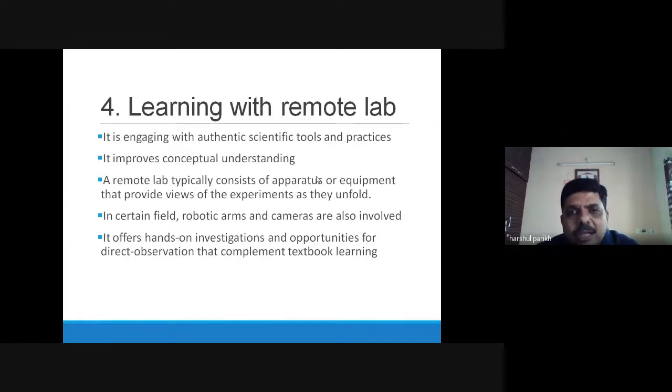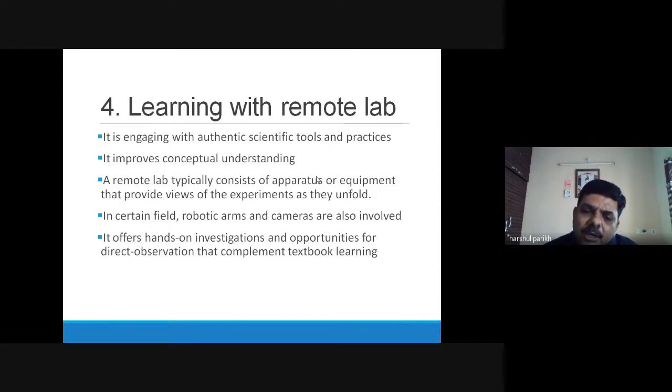We can also call it a simulation kind of experiment, learning with a remote lab. In certain branches, robotic arms and cameras are also involved in the remote lab. It offers hands-on investigation and the opportunity for direct observation.